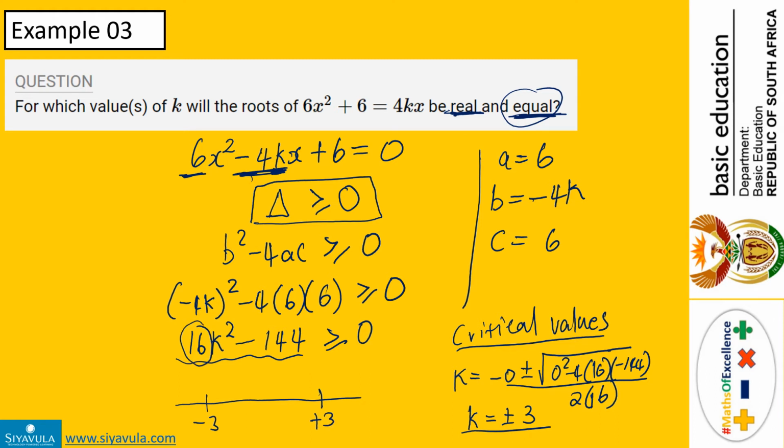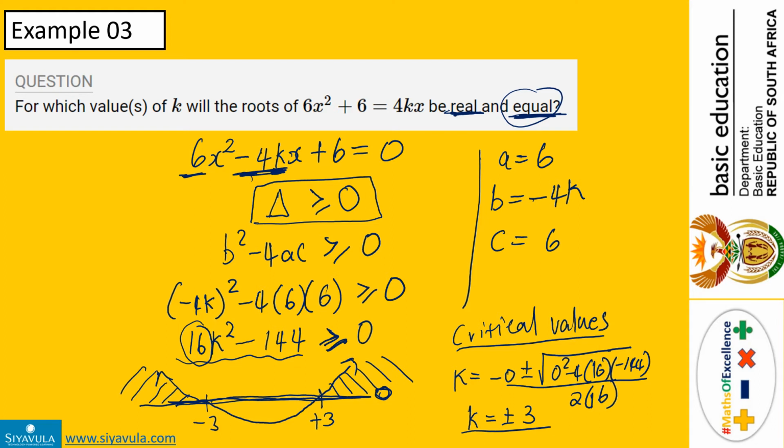The value of a is positive, so it's a smile shape. You take this line as 0, and then you check where your graph is above or equal to 0, because the y-intercept is 0. Where your graph is on top, above 0, is greater or equal to 0.